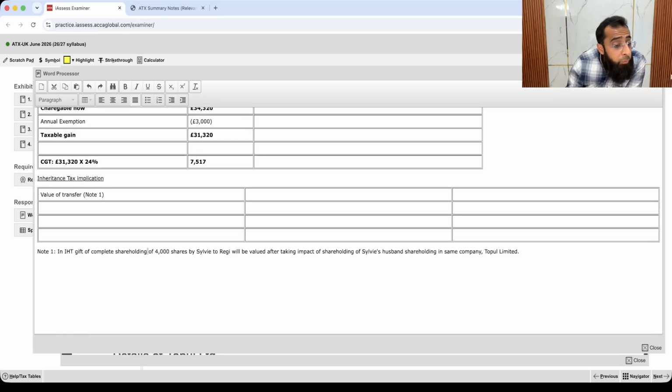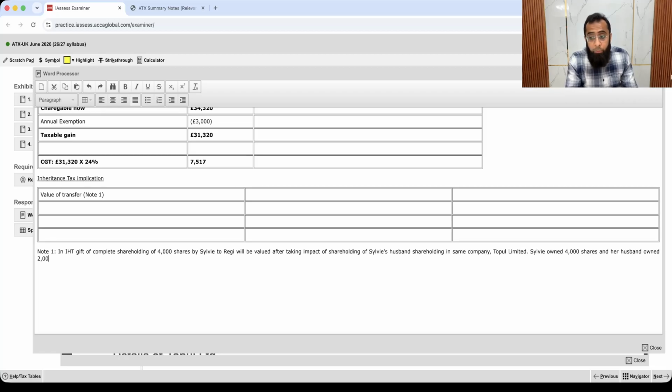In IHT, the gift of the complete shareholding of 4000 shares by Sylvie to Regi will be valued after taking the impact of the shareholding of Sylvie's husband in the same company, Topul Ltd. Sylvie owned 4000 shares and her husband owned 2000 shares, which brings the shareholding percentage to 60%.